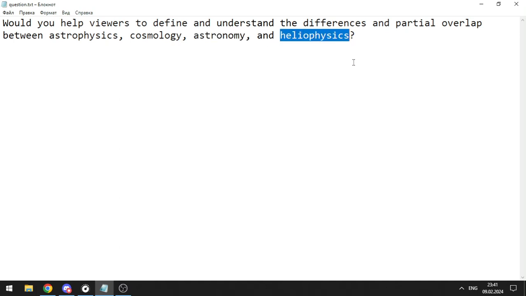Now, heliophysics studies the sun, quite obviously, but not just the sun as an isolated object, but also various emanations of solar influence. For example, the solar wind, which exists up to 100 AU from the sun, 100 astronomical units.